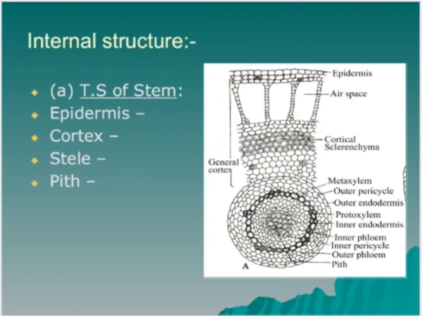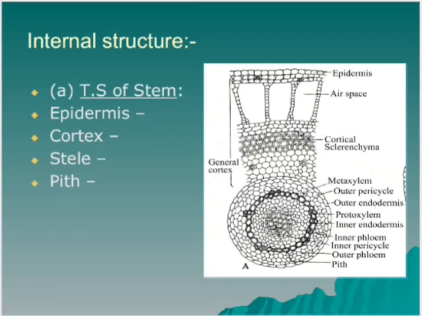Internal structure. First of all, TS of stem. The TS of stem, that is rhizome, shows the following structures. Upper layer is epidermis. Epidermis is single layered. The epidermal layer lacks stomata. Cortex is differentiated into 3 regions.